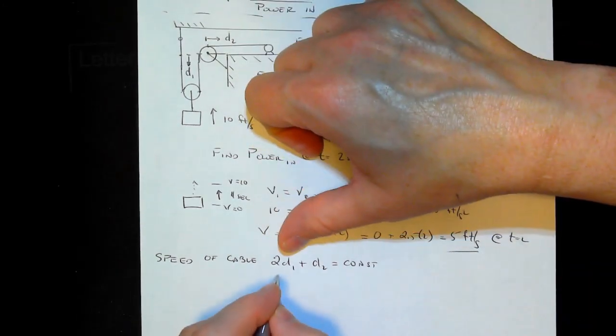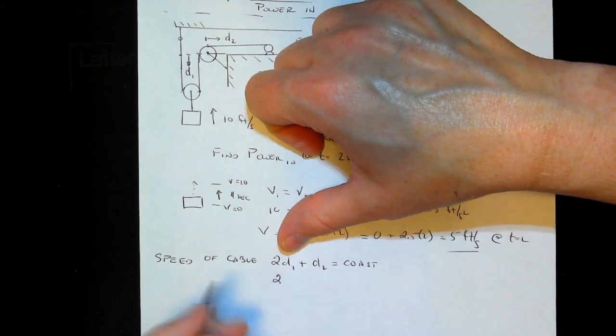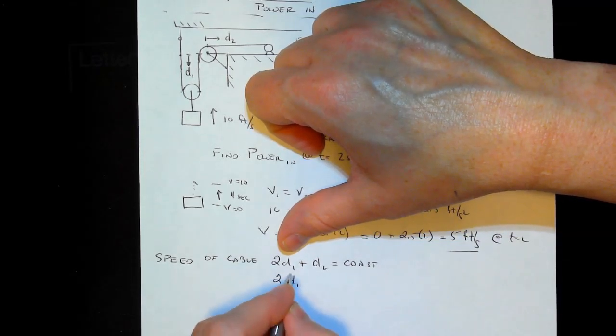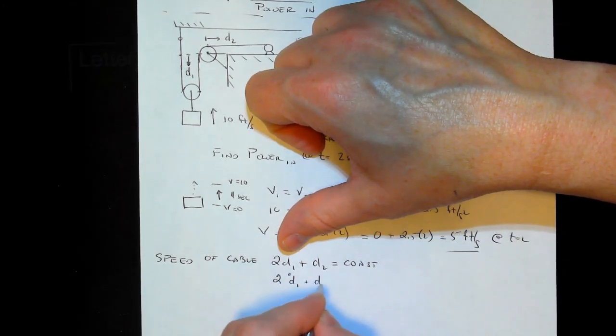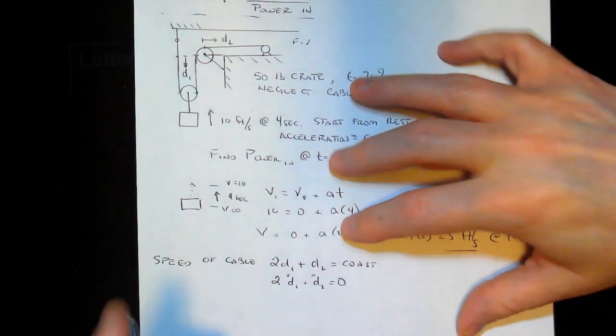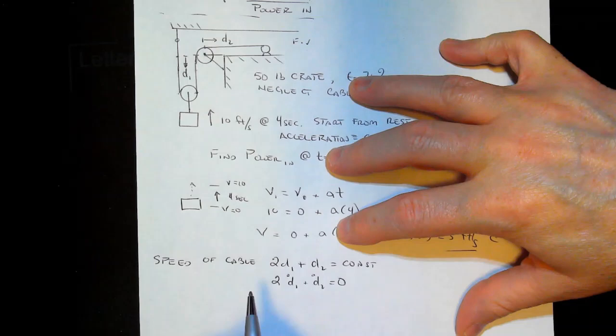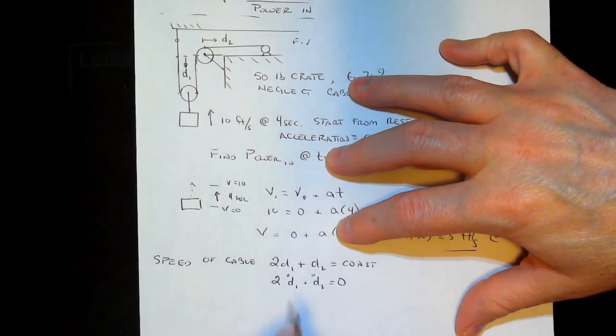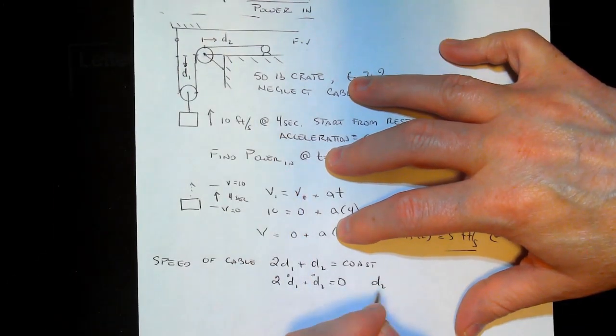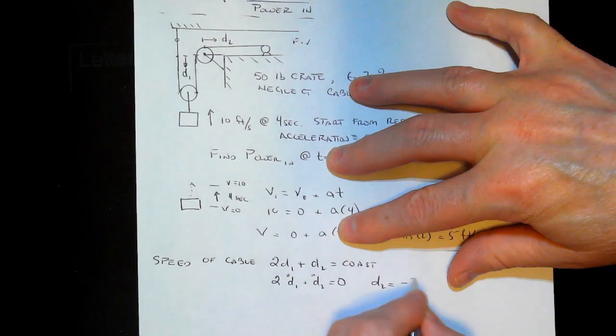So I'll call this 2 d1 dot plus d2 dot equals 0. Okay, so that tells me what I'd like to know is this d2 dot. That's the critical one. Well, d2 dot equals minus 2 d1 dot.